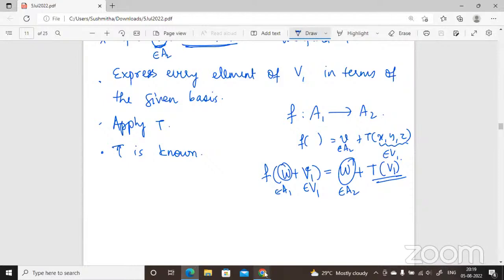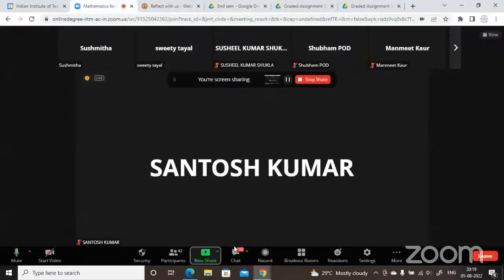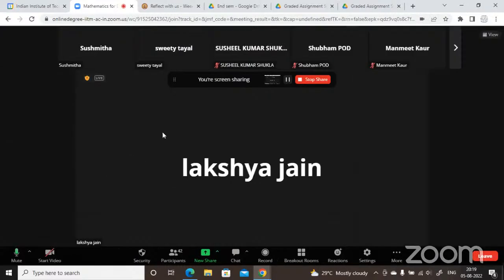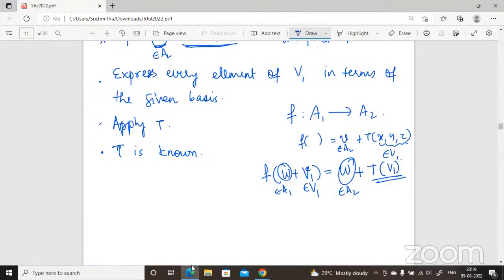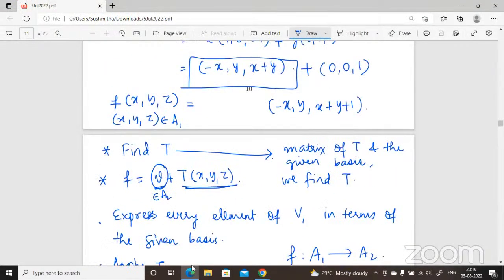Okay, any other doubts? Ma'am, week 7, reflect with us. You told you wanted a problem in this and then I did this, right? Ma'am, I did not understand the last step in reflect with us. Exactly the same procedure there also. There the point is given, so you just add this point to the transformation.